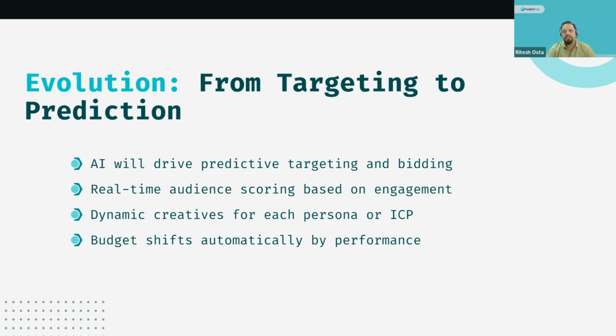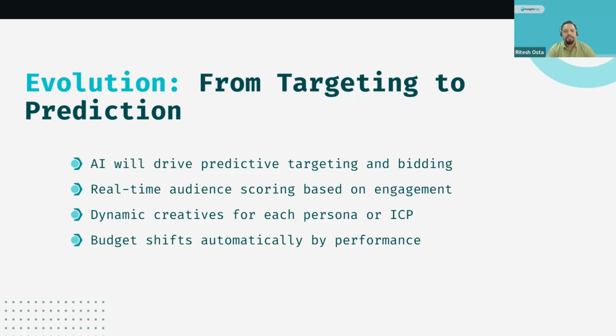Dynamic creatives for each persona and ICP is also something AI will do. AI will create dynamic creatives, ad copy, and messaging for personas, ICPs, and segments. And budget shifts automatically based on performance, also something AI will do. AI is already doing it to a large extent, but you've got to connect the dots here.